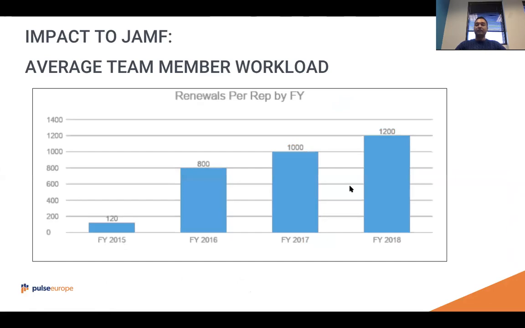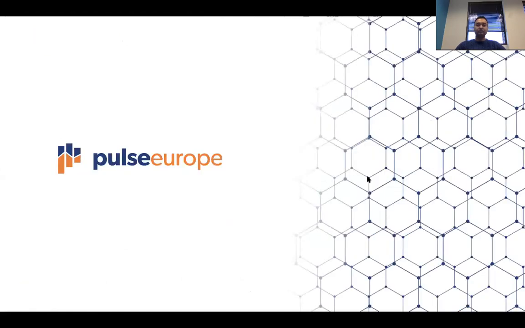In addition, the total number of renewals that they manage per rep also went up significantly because now they have more efficient processes. They rely on digital outreaches before bringing in a human being. So you can do a lot more with the existing team that you have.